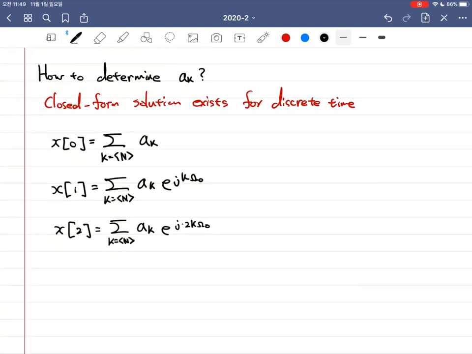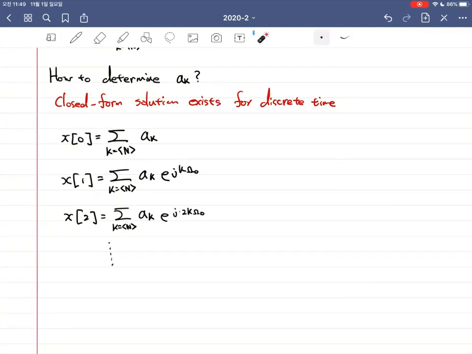I can do this, since I started with 0, I should end at N minus 1, not N, okay? Because you need to have just large N of this period, because that's the number of periods for the discrete time. So I ended up at N minus 1, and I will have the right hand side look like this for this N minus 1.